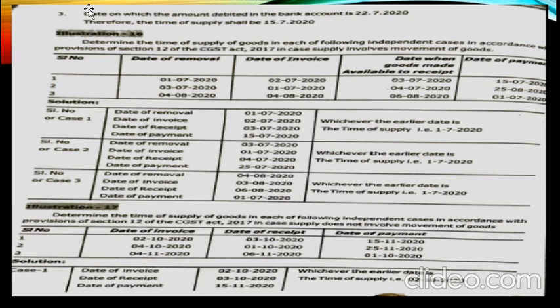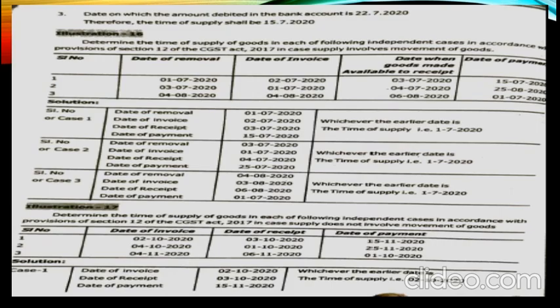The date on which the payment was entered in the books is 20th July 2020, and the date on which the amount was debited in the bank account is 22nd July 2020. Among these, the earliest is 15th July 2020. So we will be considering 15th July 2020 as the time of supply.